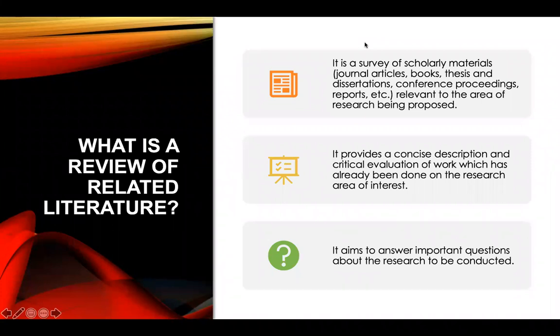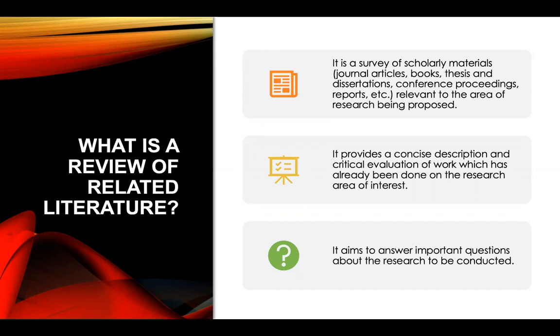Okay, so what is a review of related literature? A review of related literature is a survey of scholarly materials, mga published journal articles, books, thesis and dissertations, conference proceedings, reports, lahat yon relevant to the area of research being proposed.